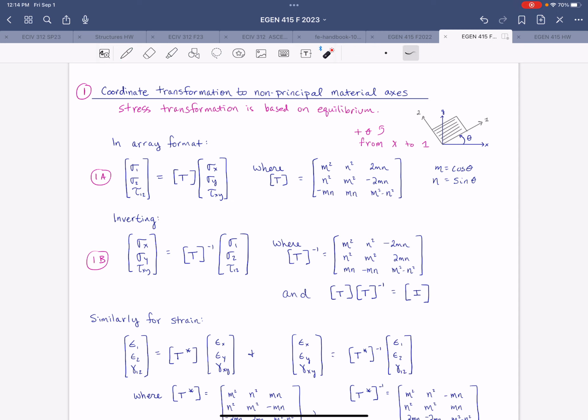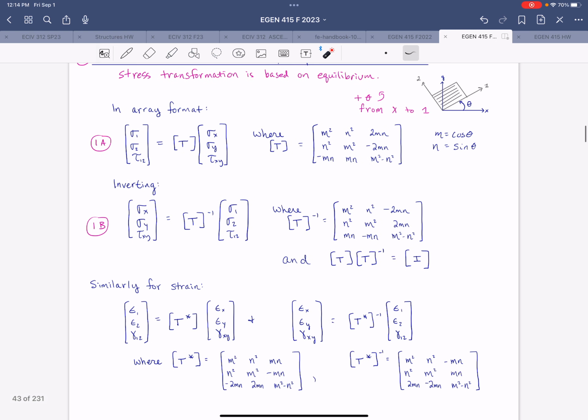So that relates the xy to the 1, 2, or I guess solving for xy instead of solving for 1, 2. And this matrix T, T for transformation, is just based on geometry that comes from the equilibrium. So if you were to draw a free body diagram of an element and write out all the equilibrium equations, you would find an arrangement that's consistent with this matrix.